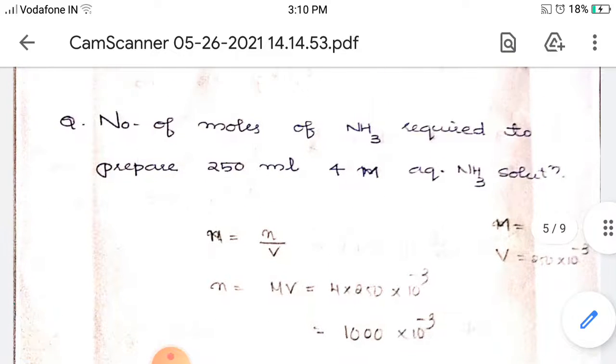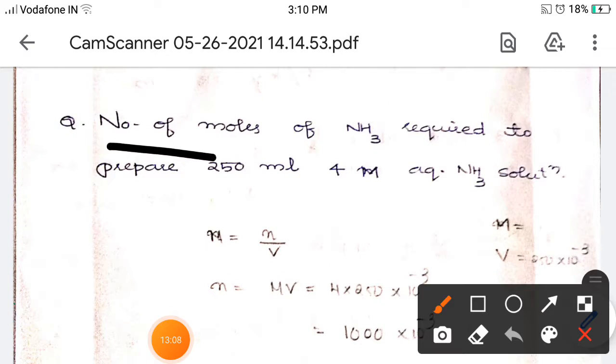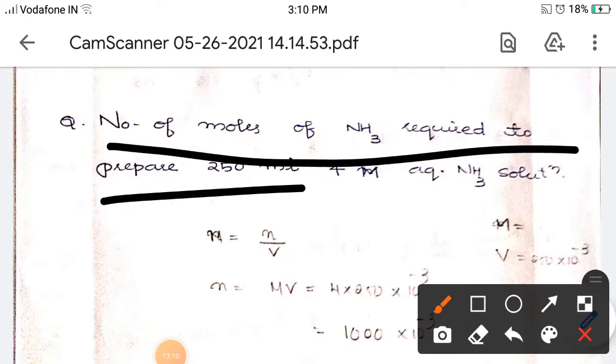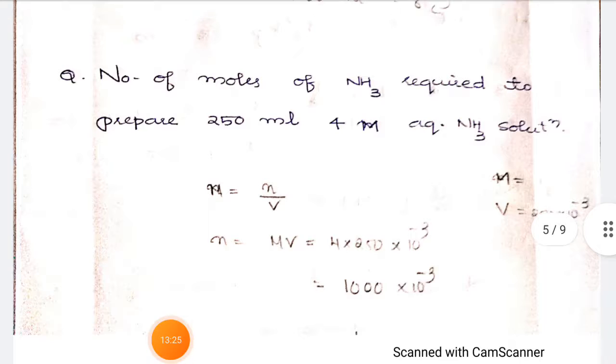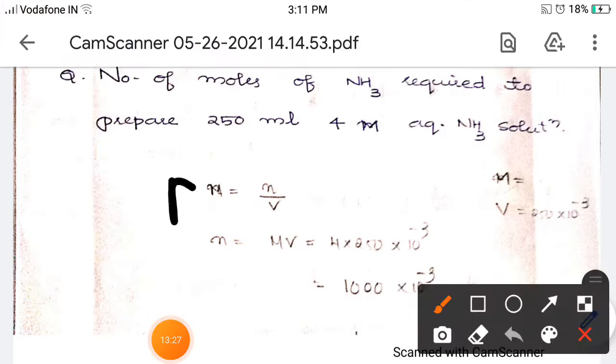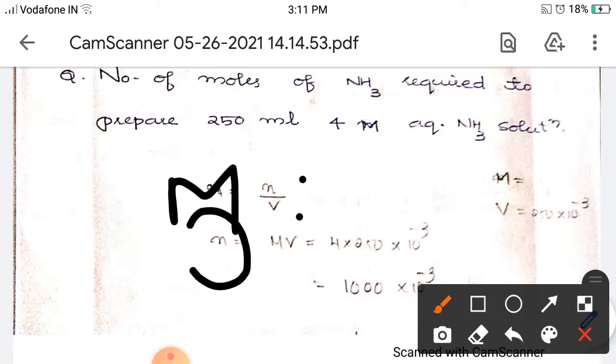Here we want to calculate the number of moles of ammonia required to prepare 250 ml of 4 molar solution. How will you calculate? By using the conceptual method. And we also have another method: molarity equals number of moles by volume in liter, and number of moles equals molarity into volume.